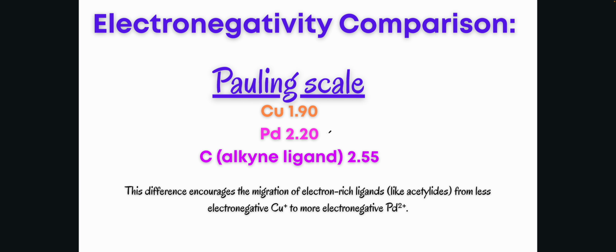We call it the Pauling scale, and you were probably made aware of this in Gen Chem, where you have some arbitrary values for each element on the periodic table that represent how electronegative it is. And the rule of transmetallation is that the metal that is closest in electronegativity to the carbon ligand that it wants to bind with will be the one that binds with it.